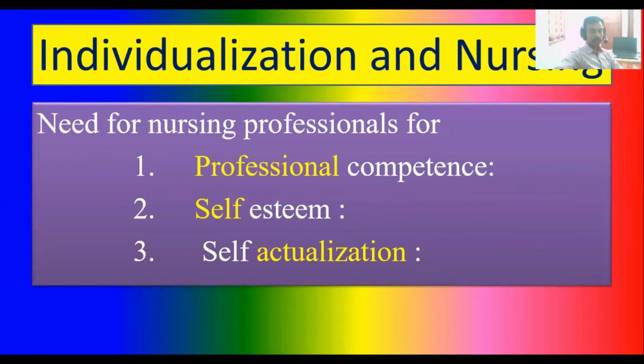We can compete with other professionals, with doctors, with allied health professionals. Second, self-esteem, which means self-confidence. We do everything individually in a particular setting. We can express confidence, which brings happiness and job satisfaction. Then self-actualization. Abraham Maslow says it is the topmost need of the individual. Through individualization we can achieve this need.